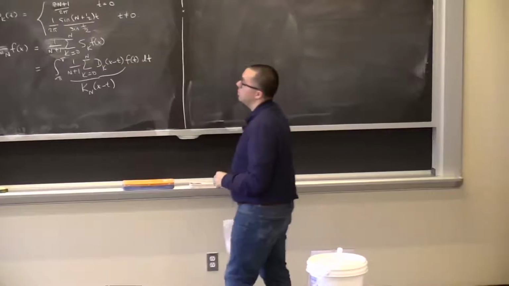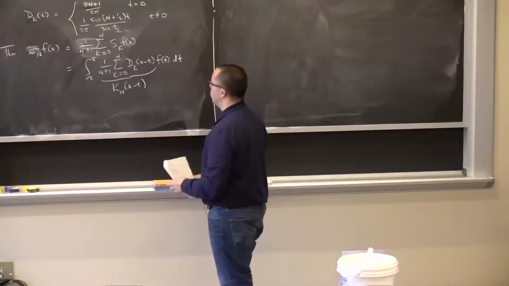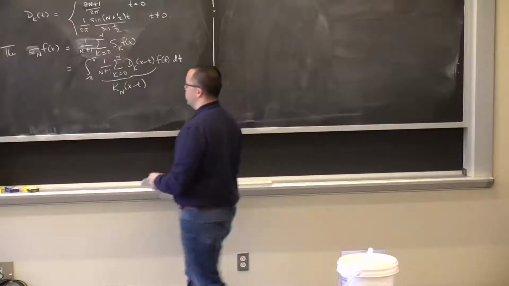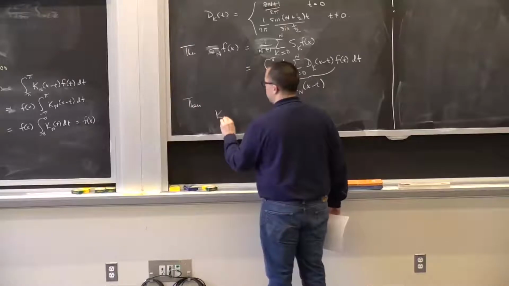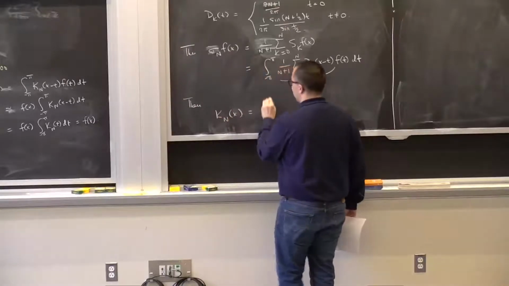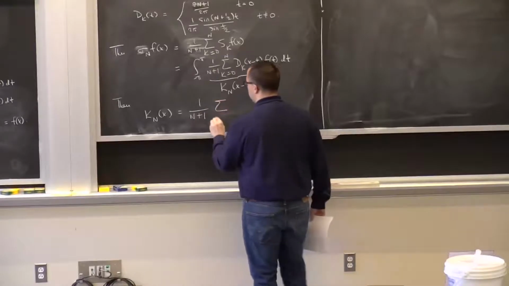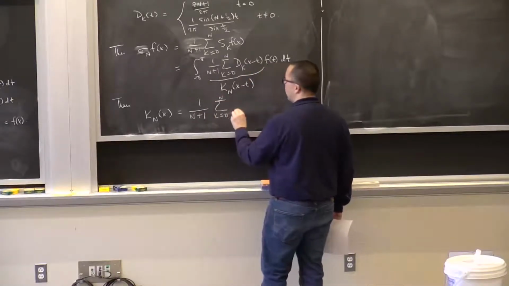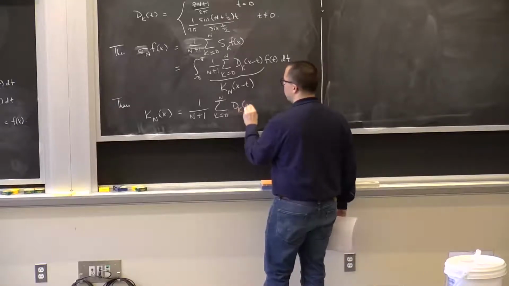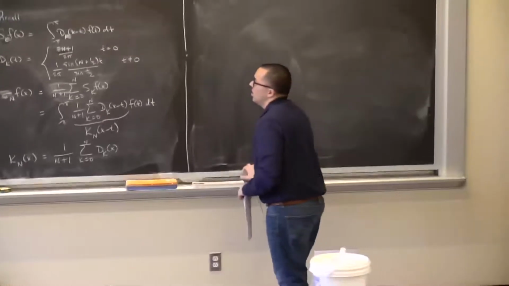All right, so now I'm just going to verify that Kn of x takes that form that we had before. Kn of x is equal to 1 over n plus 1, sum from k equals 0 to n of Dk of x.